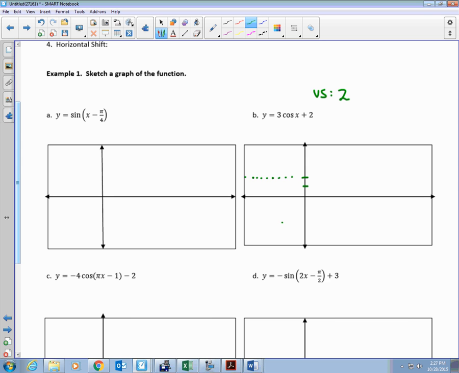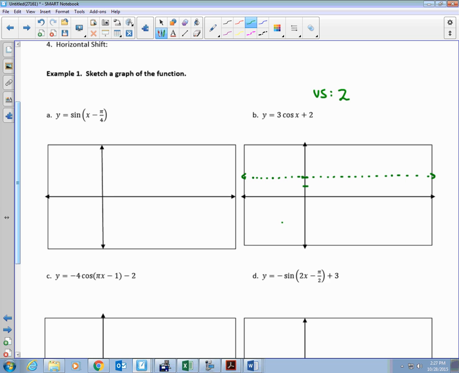I'm going to draw a horizontal axis right through that, because instead of going up and down across the x-axis, it's going to go up and down about this axis.